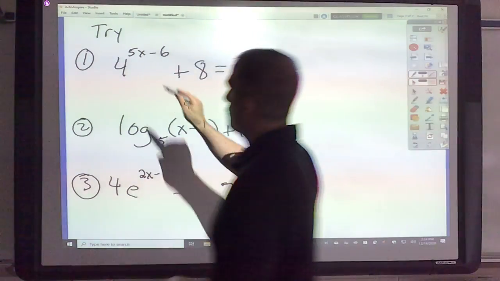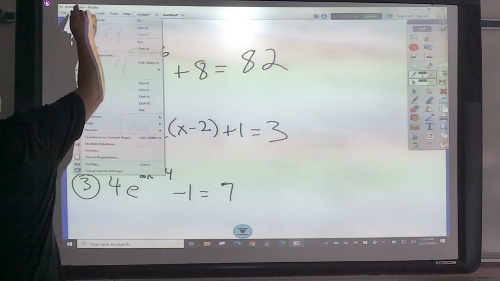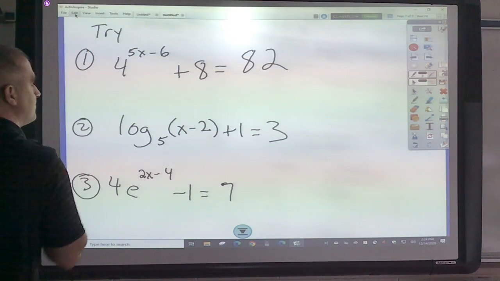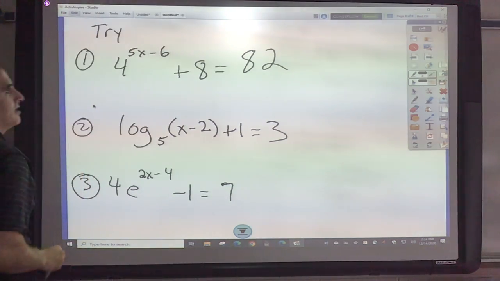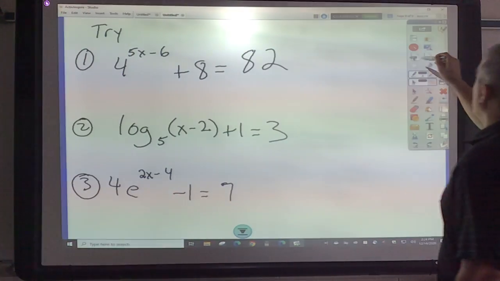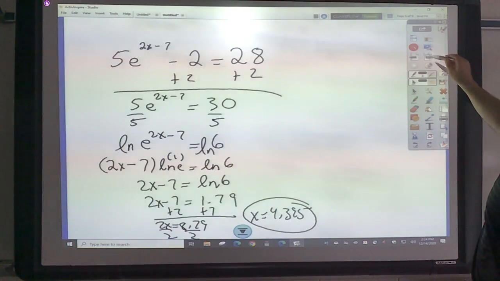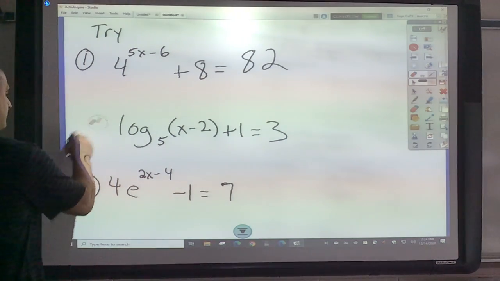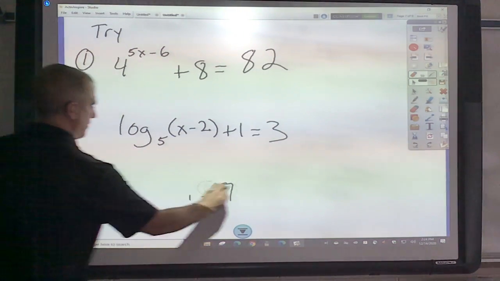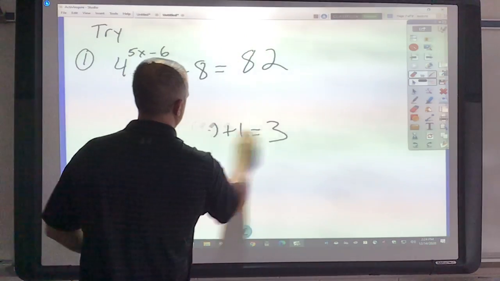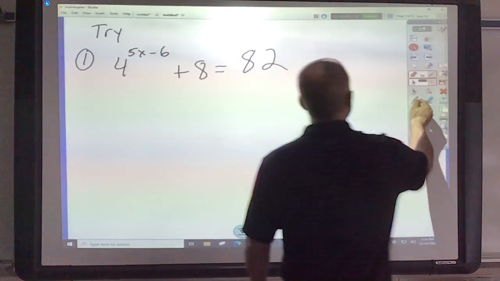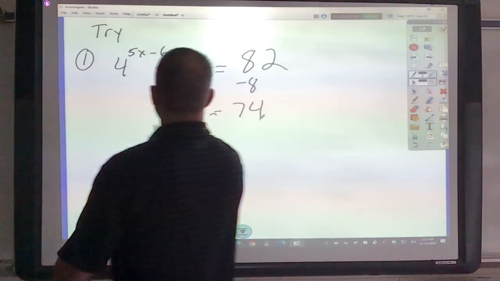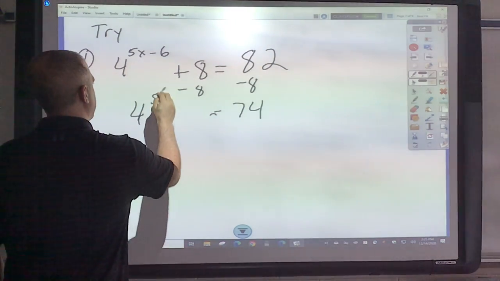I'm going to duplicate this real quick. All right, let's do problem number 1 here. What I want to do is subtract 8, so I get 74 equals 4 to the 5x minus 6.